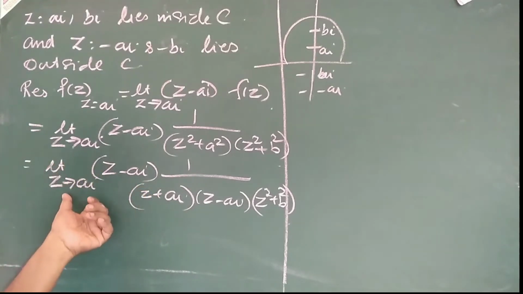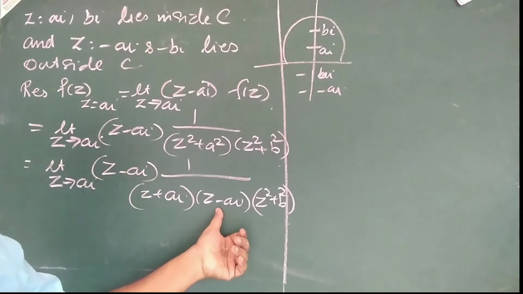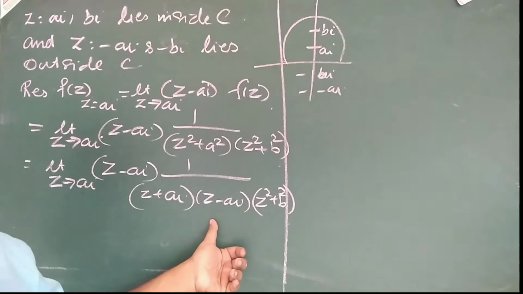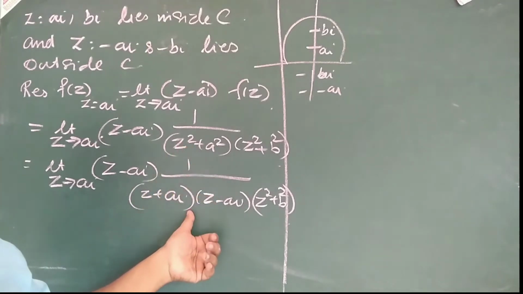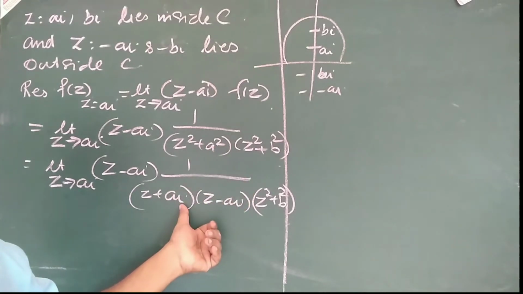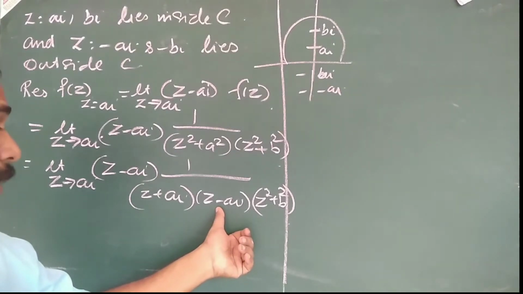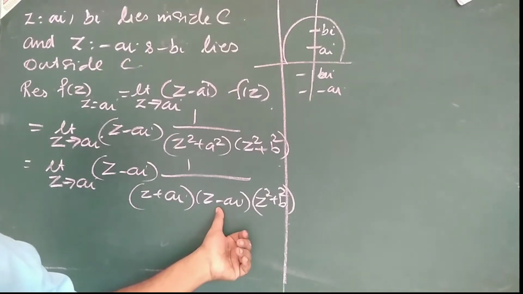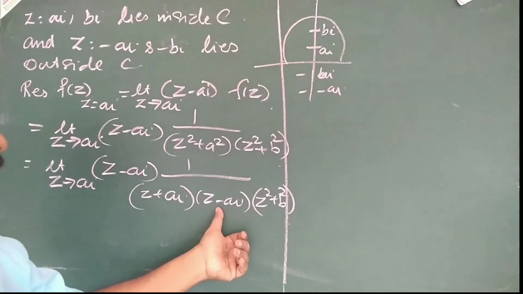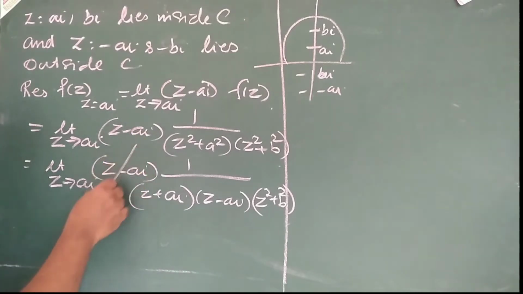If z tends to minus ai, you should eliminate z plus ai from the denominator. Otherwise, the denominator will be 0. So z square plus a square can be written as z plus ai into z minus ai. So this z minus ai cancels. Now apply the limit.